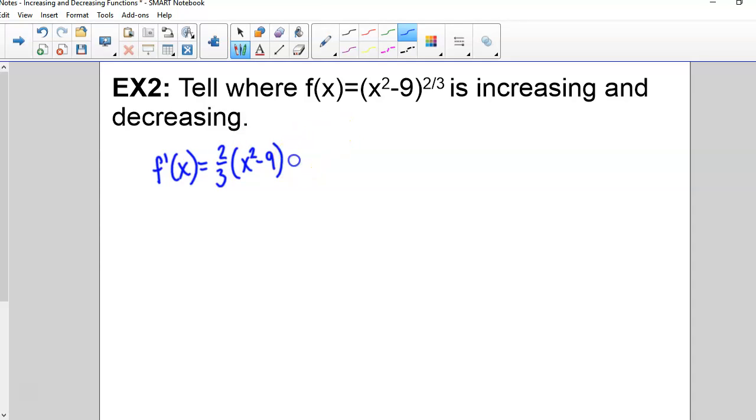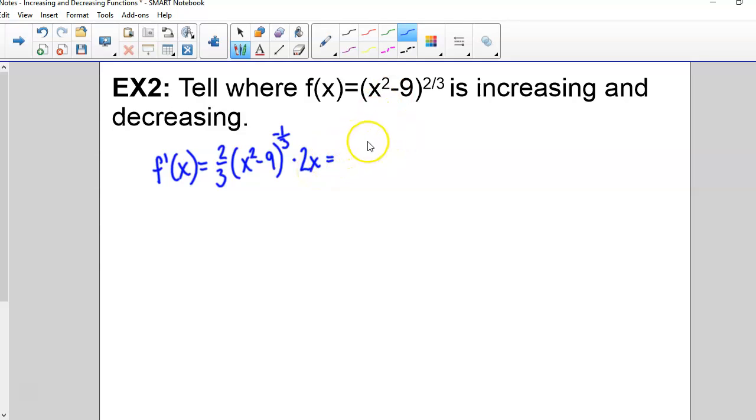Almost all that is right, except we've got to have x squared minus 9 to what power? Negative 1/3. Yes. All right, so let's try to simplify a little bit here.